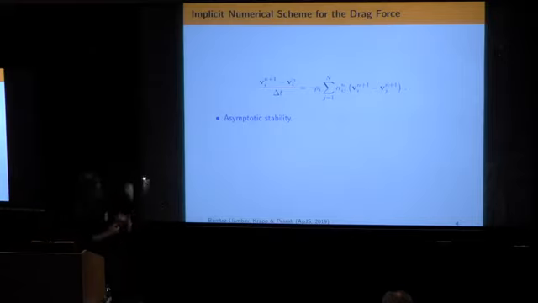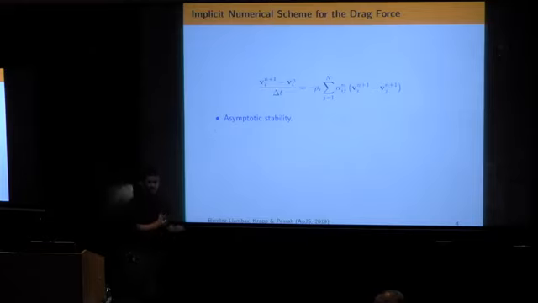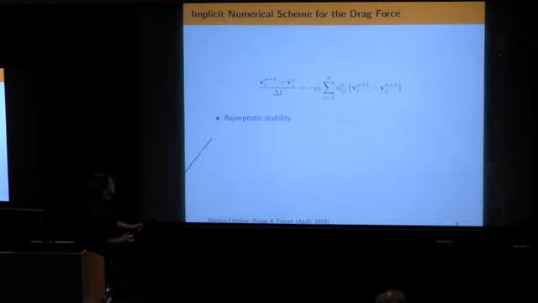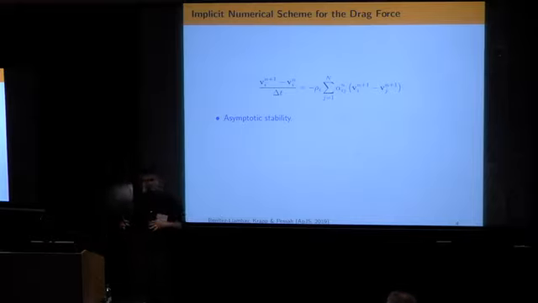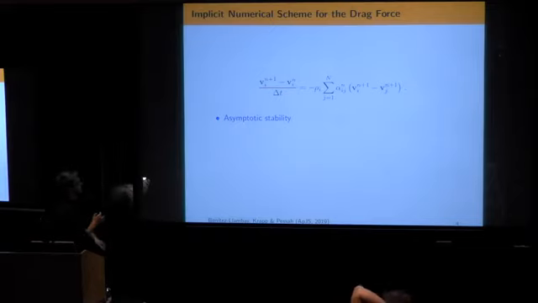Basically, if you integrate for a sufficiently large number of steps, the error will decrease, and your solution will converge to the equilibrium solution of the problem. This is something that you can prove by direct calculation if you have only 2 species. But as soon as you have a generic system with an arbitrary number of species, it becomes more complicated because you have a matrix of dimension n that you need to study and understand how it behaves. And we did that in the paper that we published this year.